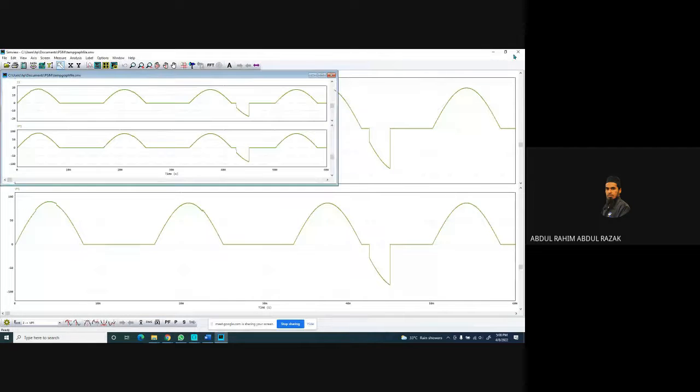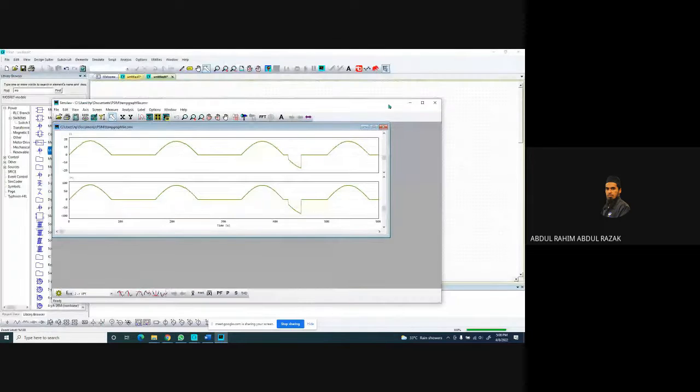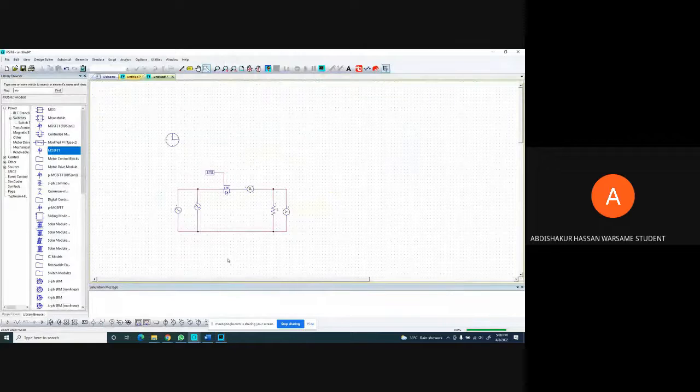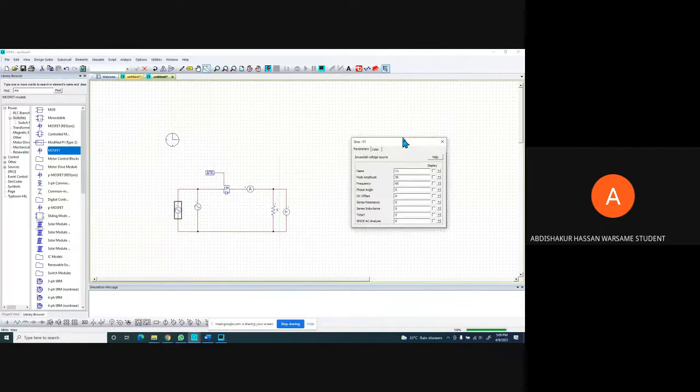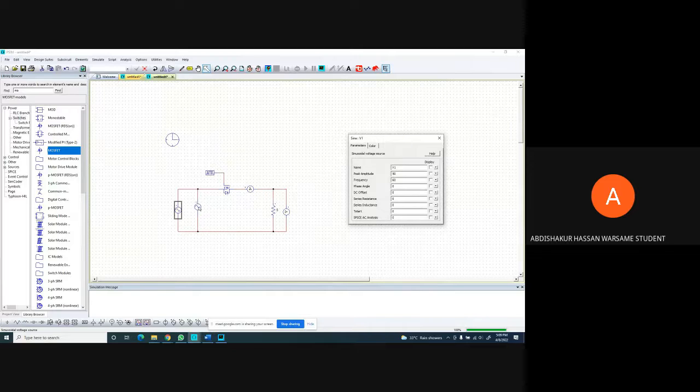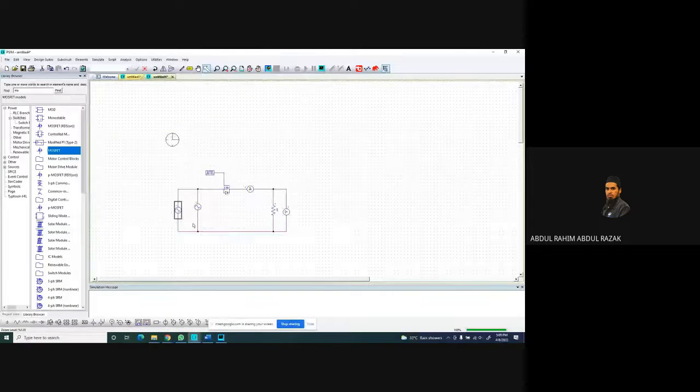Where's your circuit? Yeah, this is the circuit. Why do you have two sources over there? Why do you need two sources? I'm looking.